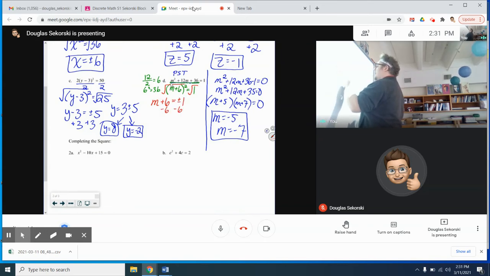Subtract the 6 away. We get m equals negative 6 plus or minus 1. So negative 6 plus 1 would be m equals negative 5. And then negative 6 minus 1 is m equals negative 7.